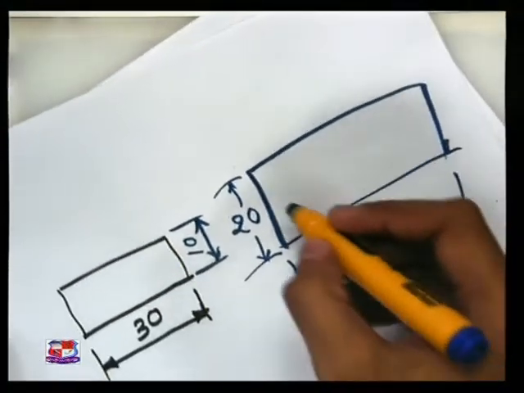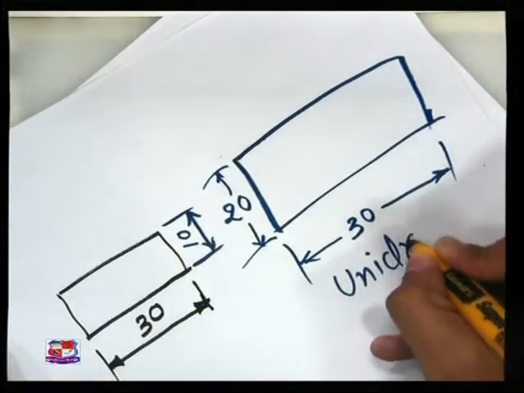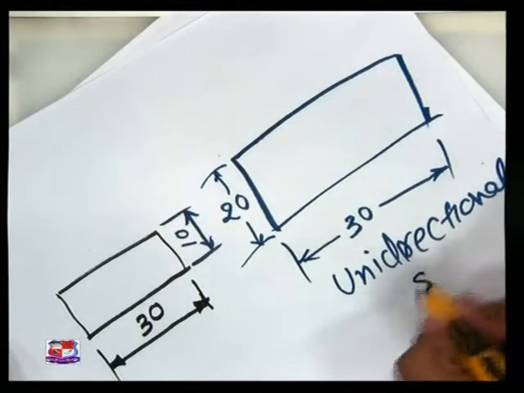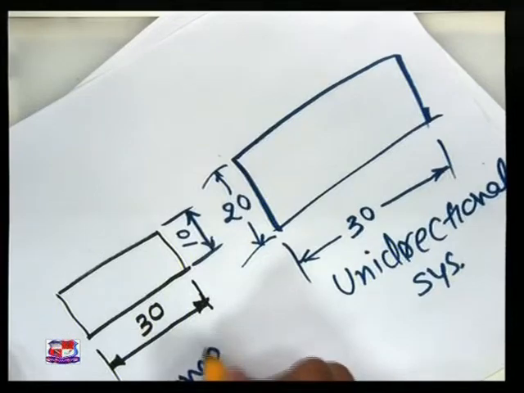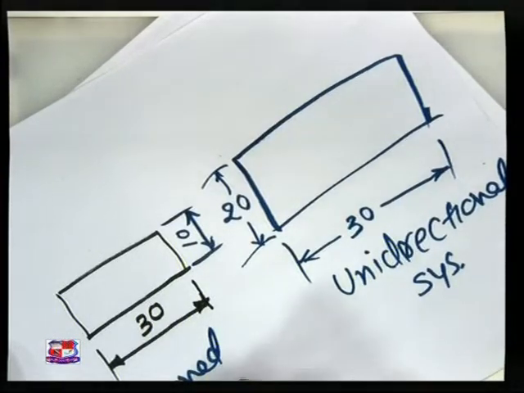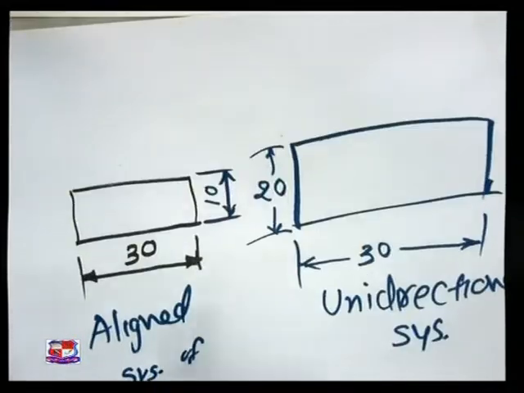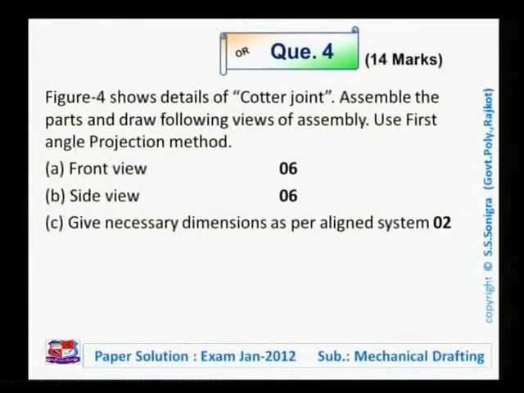So this represents the unidirectional system of dimensioning, and this represents the aligned system of dimensioning. You should take care about this system. So that is question number 4b, which is asked for 14 marks. You just have to draw the front view and side view of the given assembly.